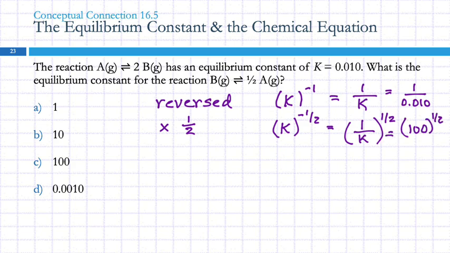And you're more familiar with that as this. Raising something to the half power is the square root of that number. If you don't remember that, you can use your calculator, raise it to the half power, and you'll get the correct answer. So what's our answer? 10. Any questions?